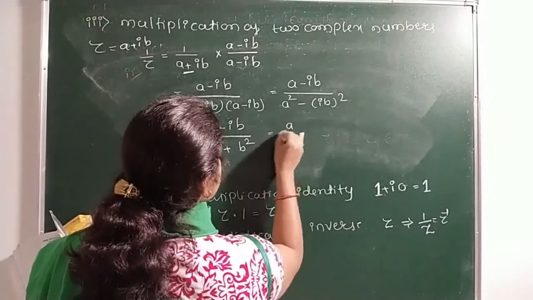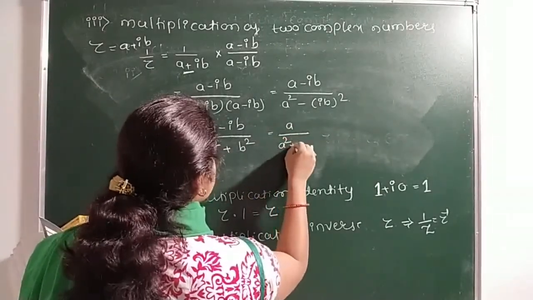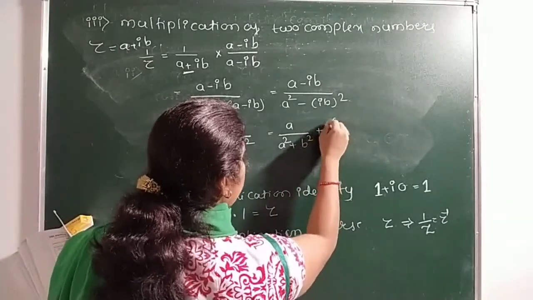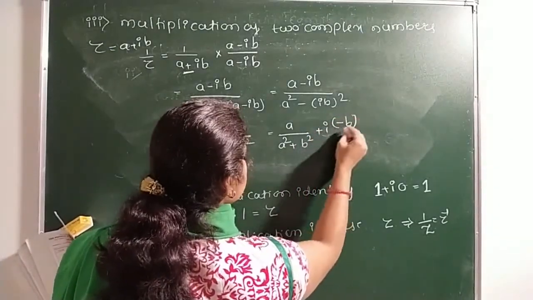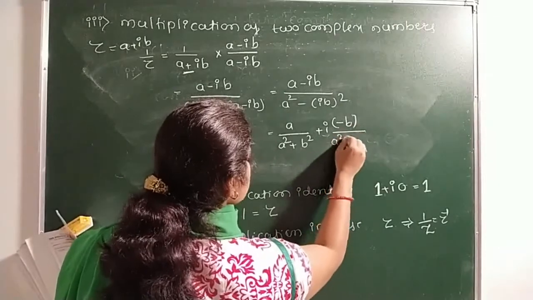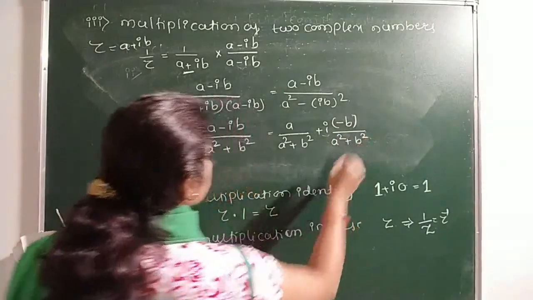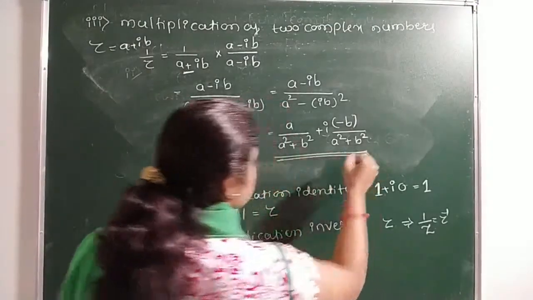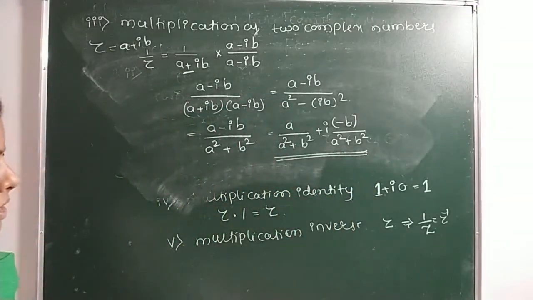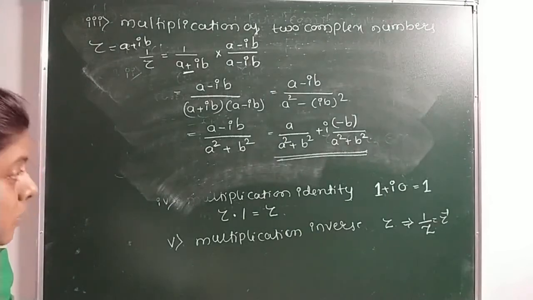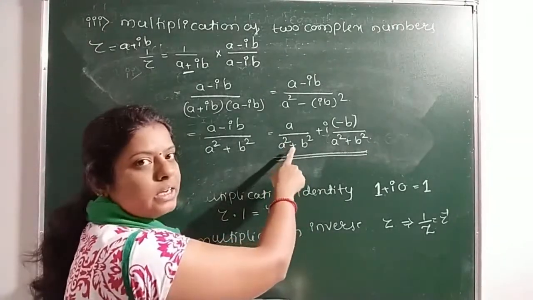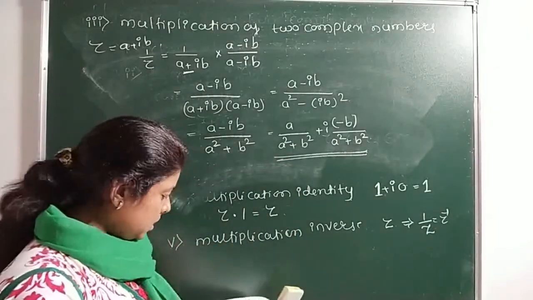So we write a divided by a square plus b square plus i, where the minus is applicable, for minus b divided by a square plus b square. This becomes the multiplication inverse term. If they ask to solve the multiplication inverse, you can write this term directly.